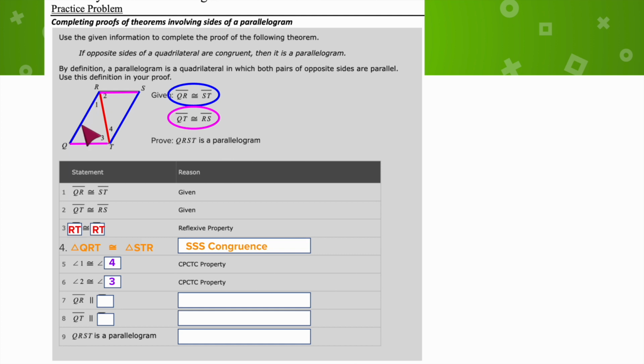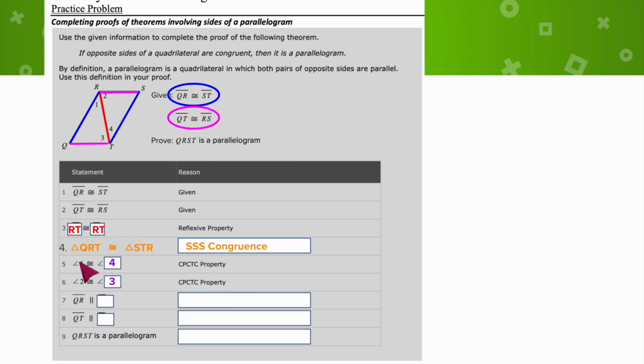That started with angle 1, that started with angle 4, so I can do it that way and see that they match. Or here, I'm starting from the red-pink corner, going over to the blue line, red-pink corner going over the blue line, so I started on angle 3, I started on angle 2. So 3 and 2 are corresponding. They're in the same relative position. So we're using corresponding parts of congruent triangles are congruent.